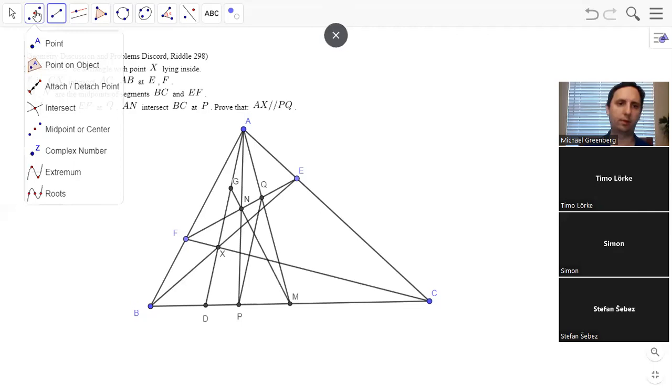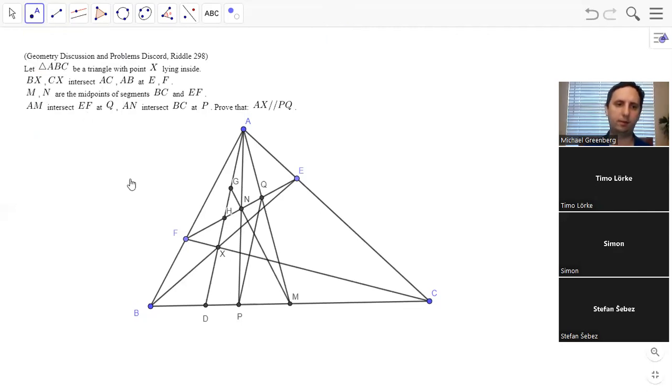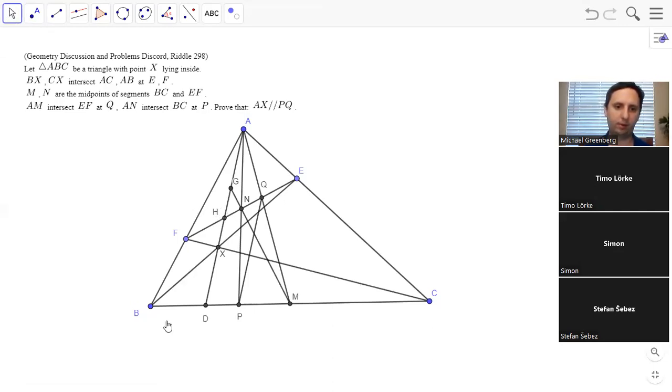I don't know if it's worth drawing this point. Yeah, we have lots and lots of cross ratios here, right? So we have BPMC is FNQE.